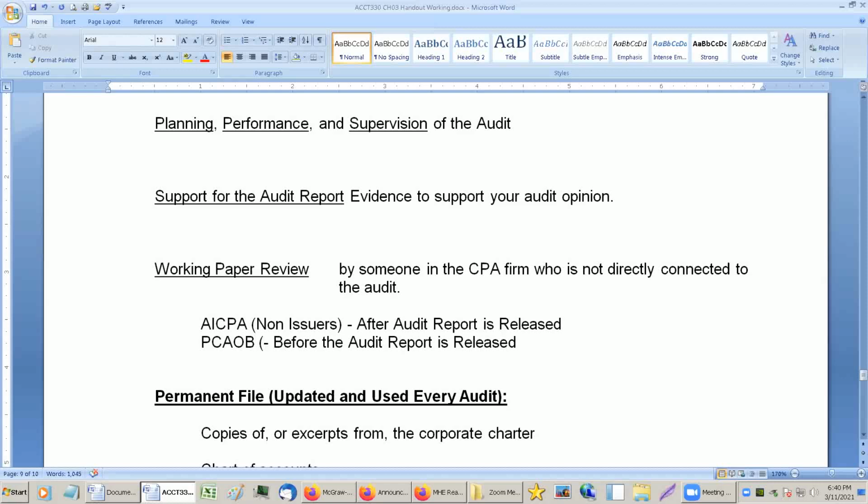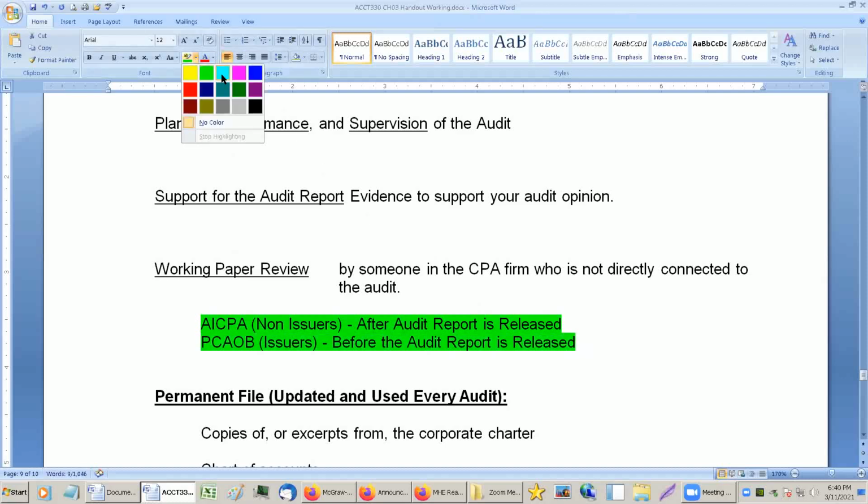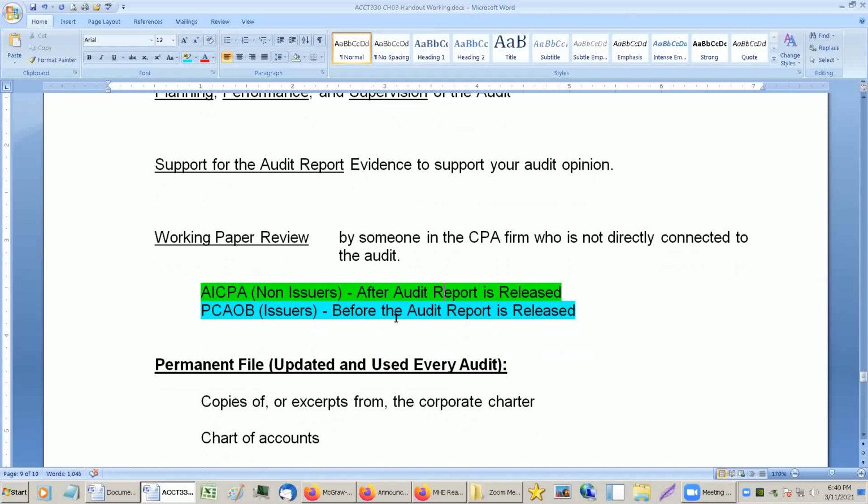So these are for publicly traded companies, and they are a little bit more strict. For publicly traded companies, they'll say, no, before you release them, you have to have the review. So someone will come in who's not connected with the audit and review the work papers before the audit report is released for the PCAOB. For the AICPA, it can happen afterwards.